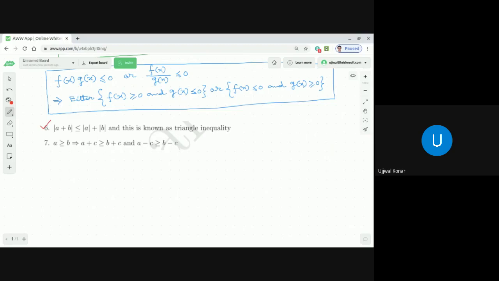Or if you subtract a fixed quantity from both sides of the inequality, then the inequality remains same. Correct, no? Clear? Then the next property I'm coming to is that a is greater than equal to b. Then what we can conclude about a into c and b into c?